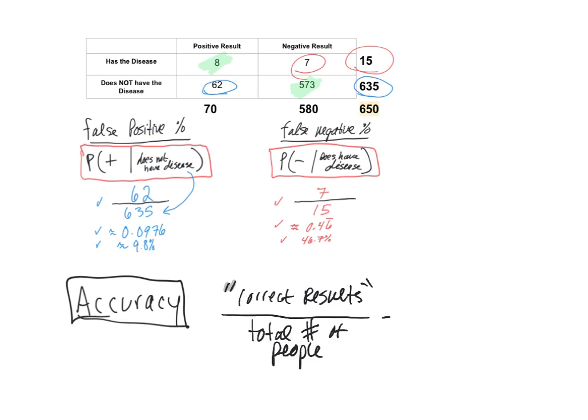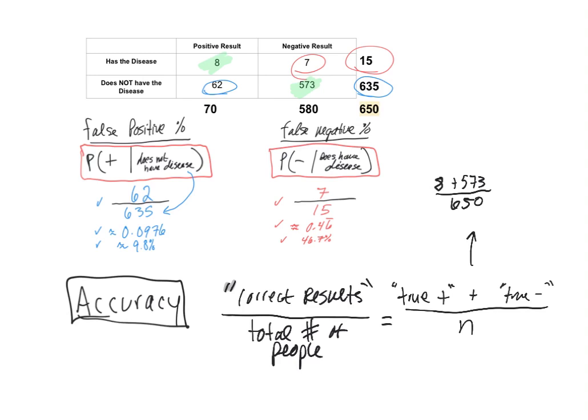So in this particular case, writing it in a different way, we have the true positives, in quotes so it's a little clearer, plus the true negatives. And we're going to divide that by n, which is just the total number of people. In this problem, we had 8 people who had a true positive, 573 who had a true negative, and there were 650 people that had this test. When I add those together, I get 581 divided by 650.